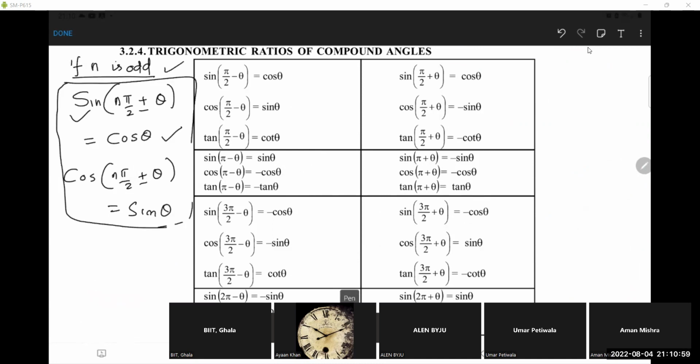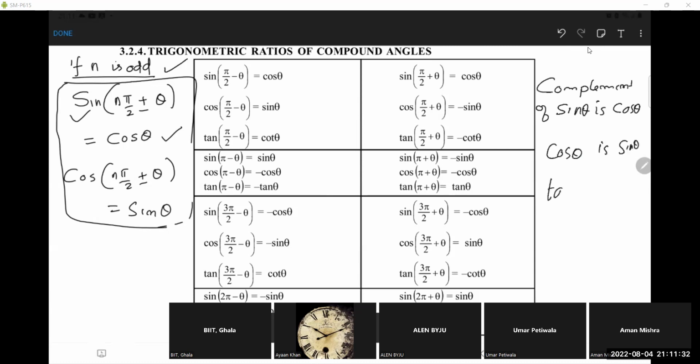So first result, if n is odd, sine of n pi by 2 plus or minus theta will be cos theta, and sine will give a cos theta. The complementary angle of sine is cos. Similarly, complement of cos theta is sine theta.